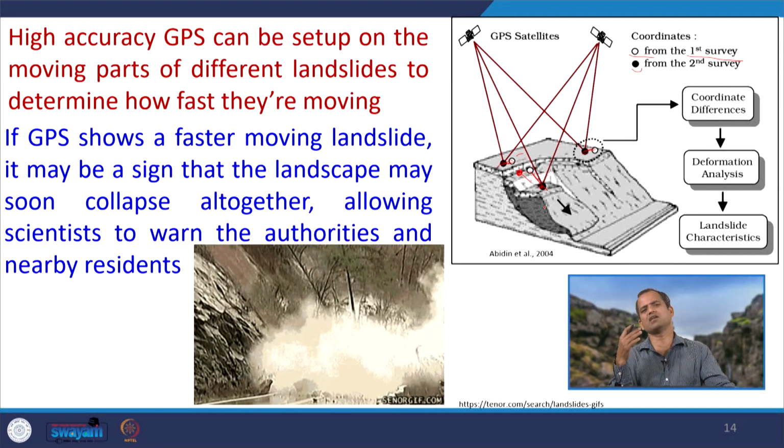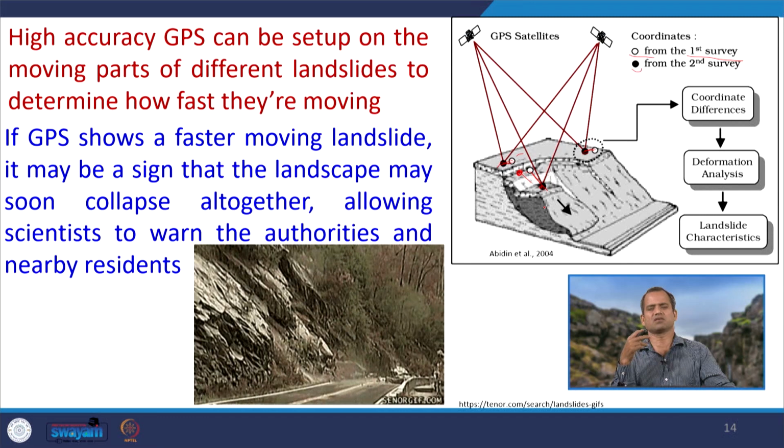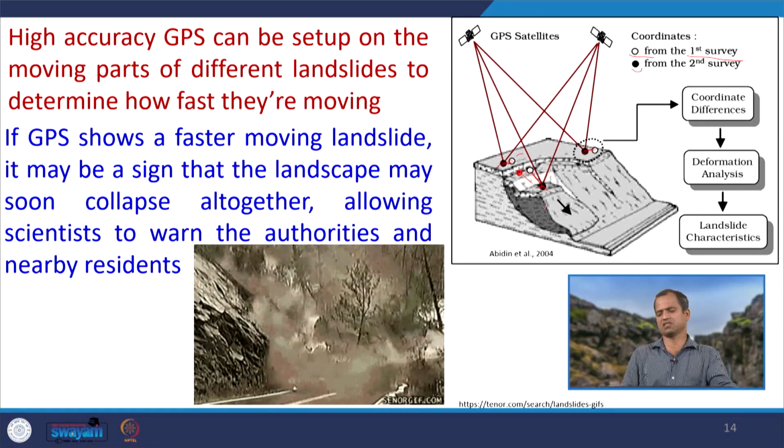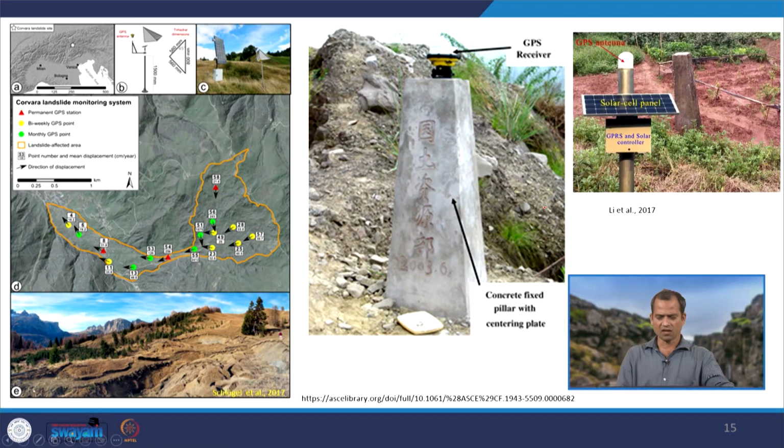So, this early warning system, particularly in the case of landslides, is based on this GPS system. And in the landslides you see different GPS stations installed, and the GPS movement is shown by the arrows.